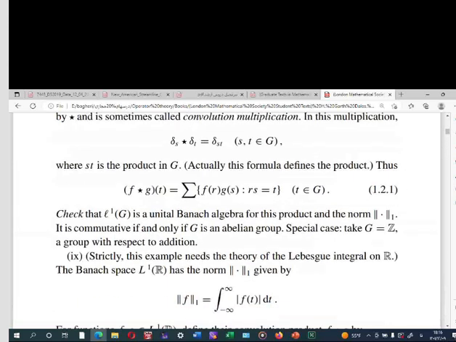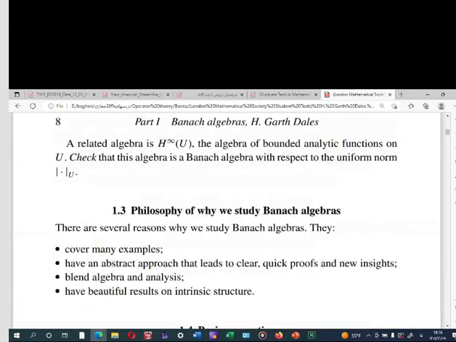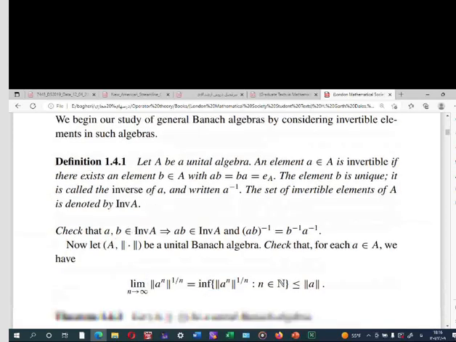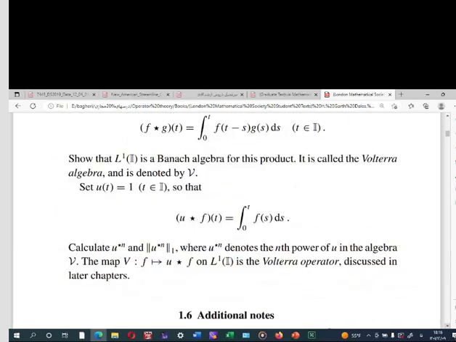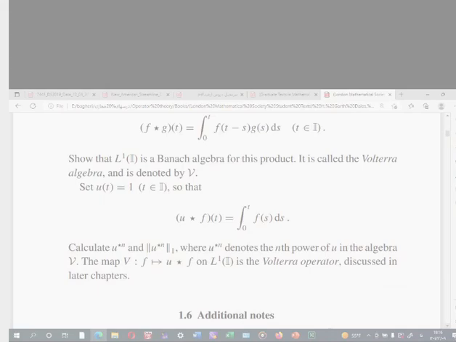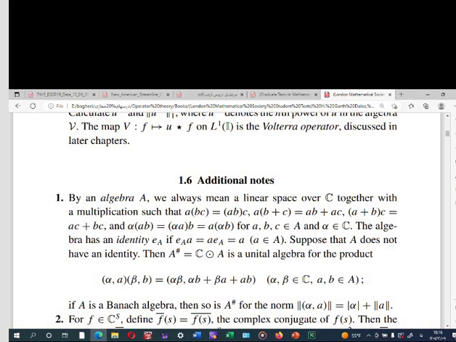But you can see some properties for algebra, in this addition, such as these properties. This multiplication in algebra must be associative and have this distribution property: a multiplied by (b plus c) equals ab plus ac.